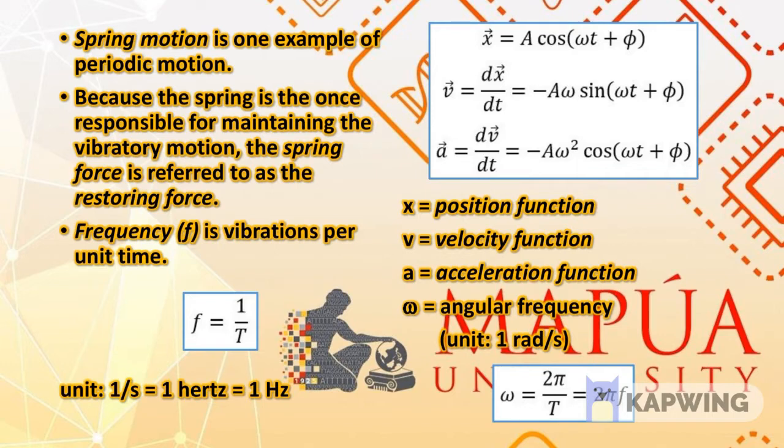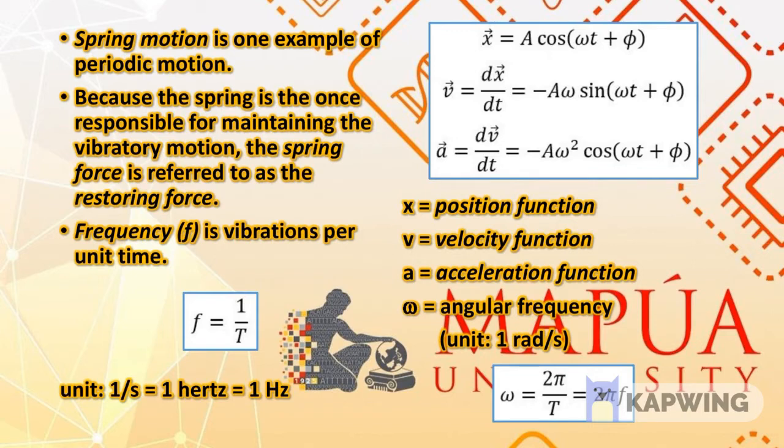And of course, the acceleration function gives you the acceleration of the object as a function of time. Note that in using these three functions, particularly the cosine or the sine function, be sure to set your calculators to radians.